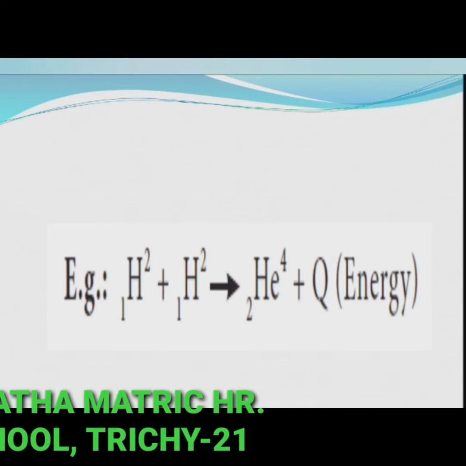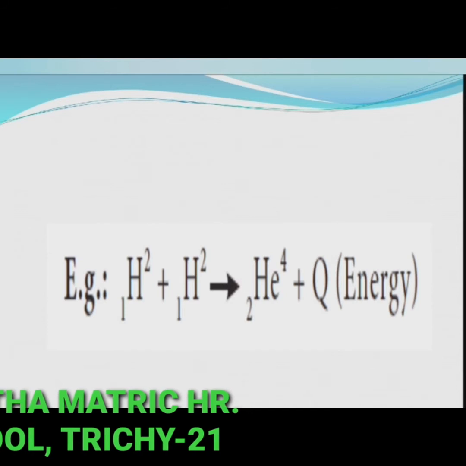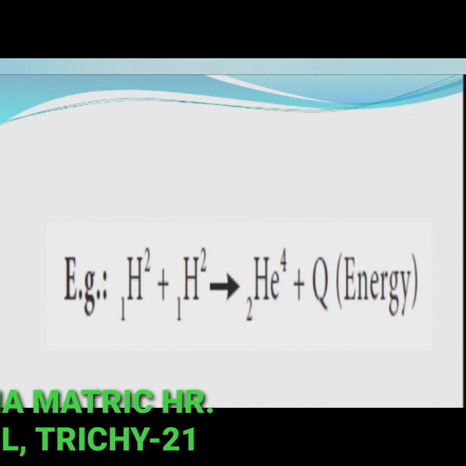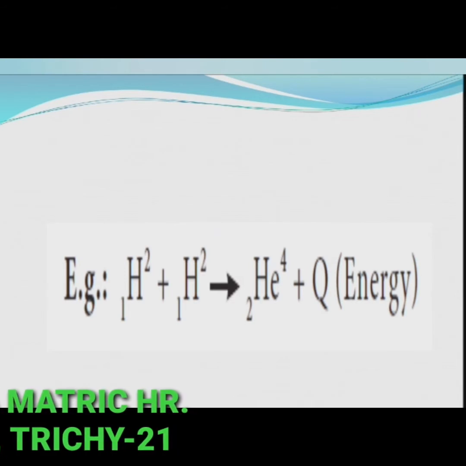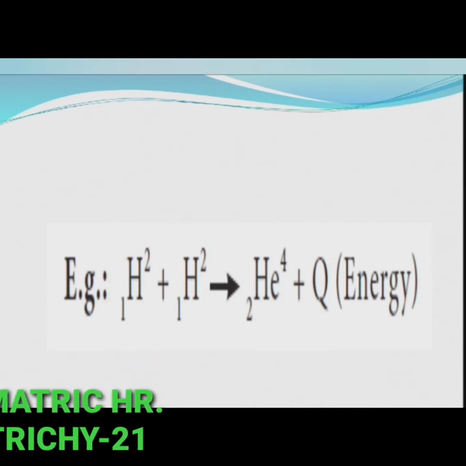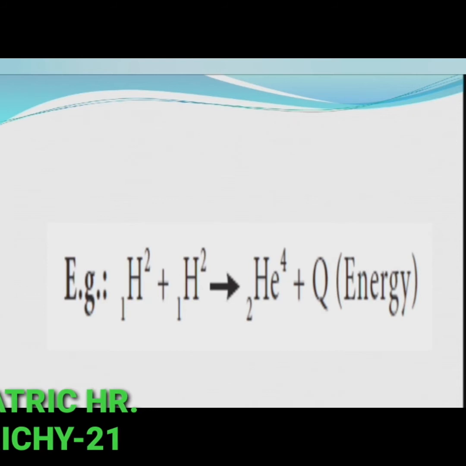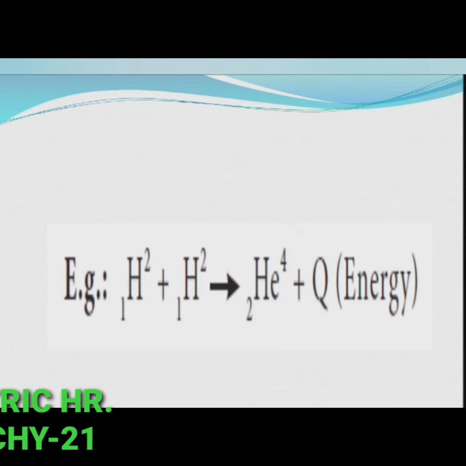The average energy released in each fusion reaction is about 3.84 x 10^-12 joule. Here two lighter nuclei, that is two isotopes of hydrogen, combine to form a heavier nucleus, that is helium.